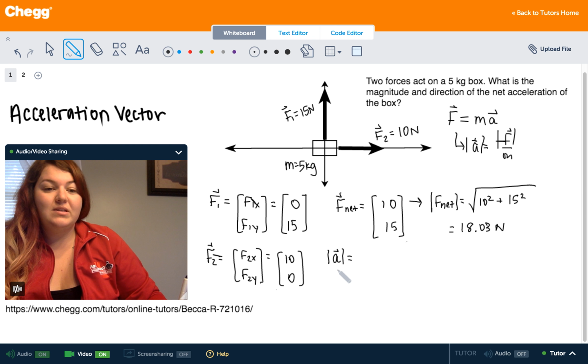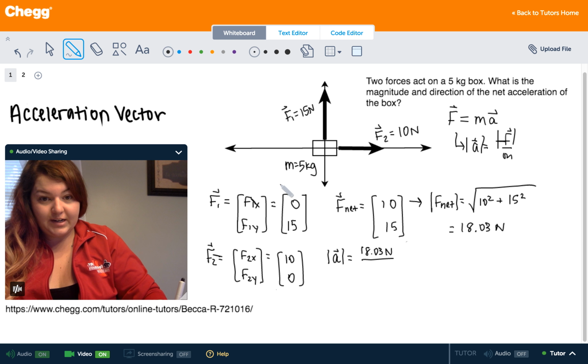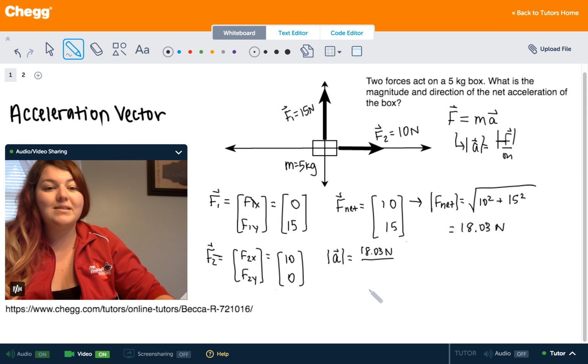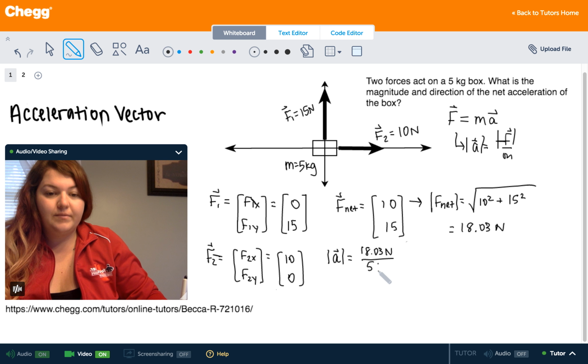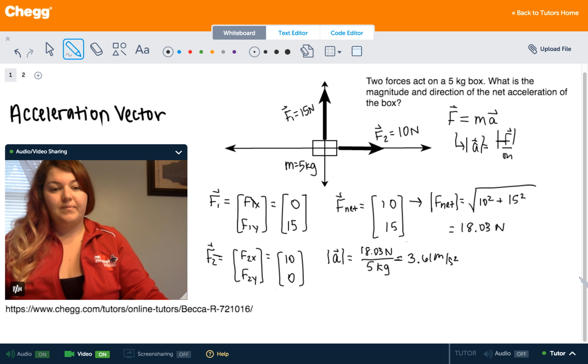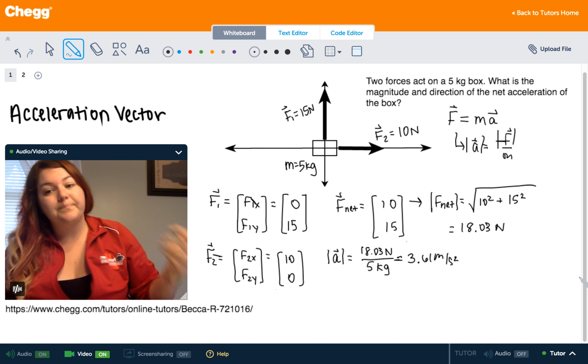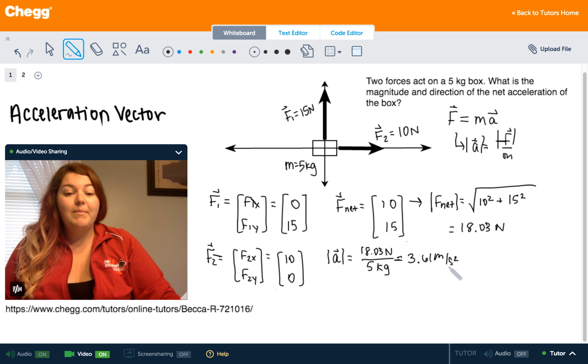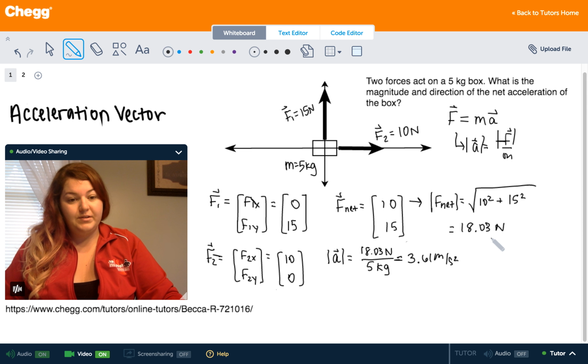But to find the magnitude of the acceleration, we take the magnitude of the net force, which is 18.03 newtons, and we divide by mass, which is a scalar quantity, no direction needed, and mass is given as 5 kilograms, which is perfect for our SI units. And that gives us an acceleration of roughly 3.61 meters per second squared, which is our unit for acceleration. So we have the magnitude of the acceleration that we got from the net force.